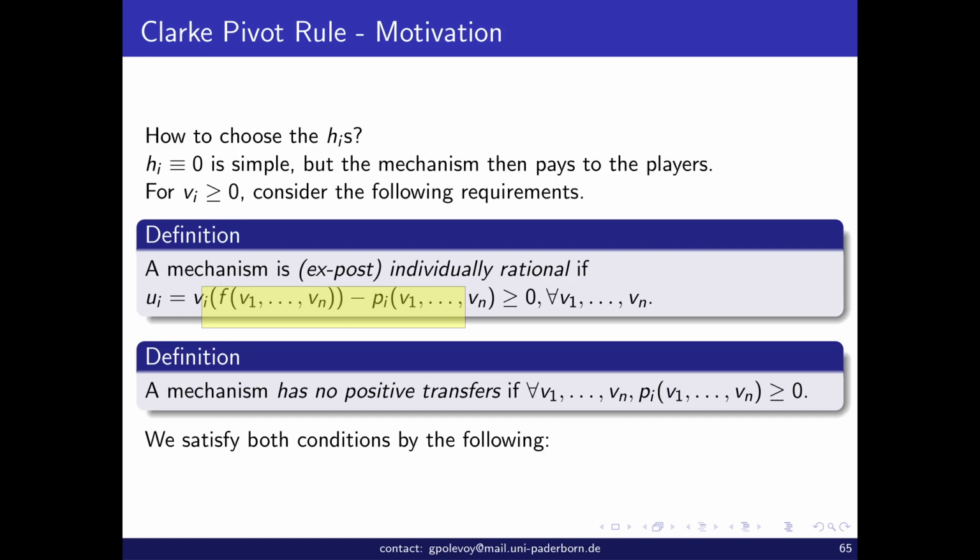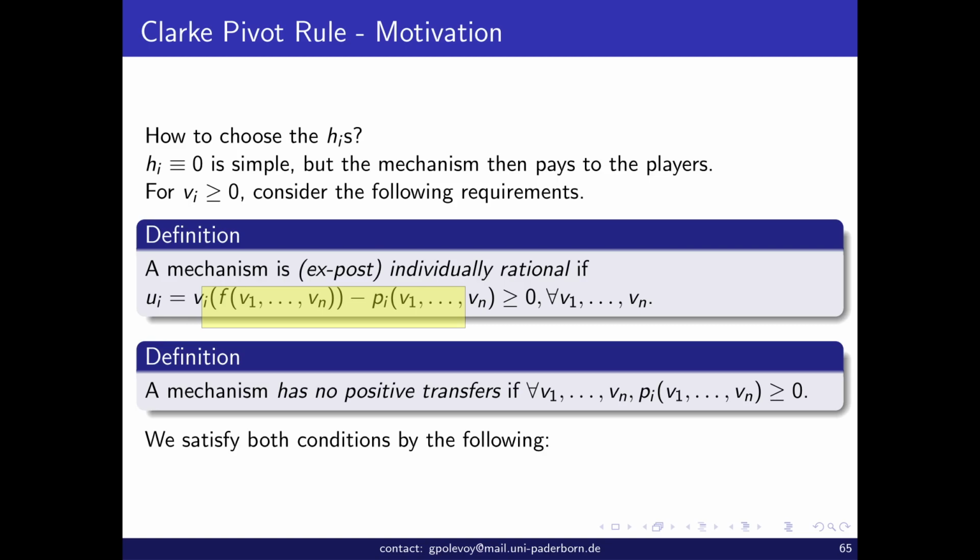Actually, the definition is that if everyone bids the truth, the utility of everyone is at least 0. So even if you can choose to back out of participating in the mechanism after it has been played out, it's still not something you would like to do. That's why it's ex post.